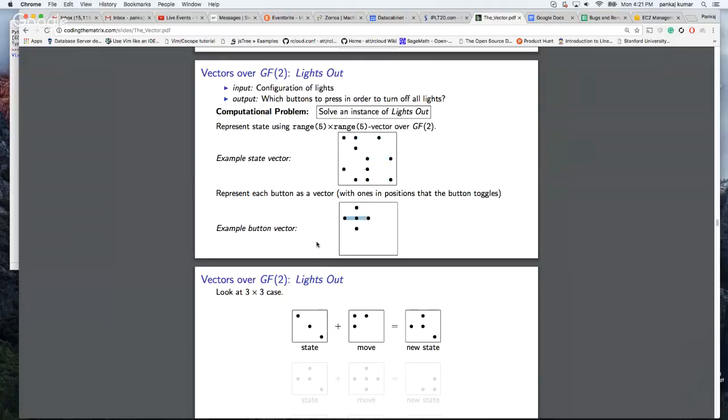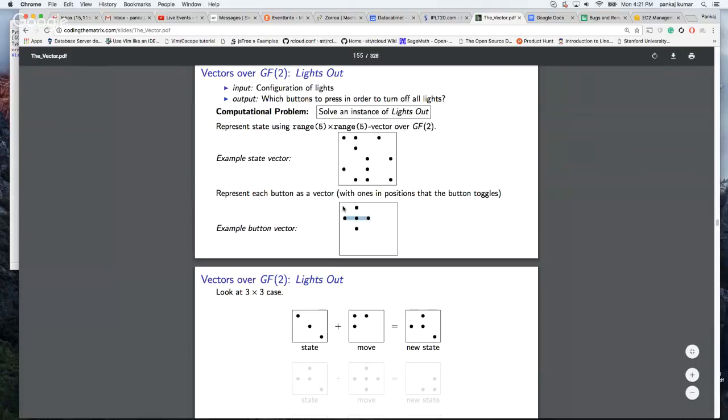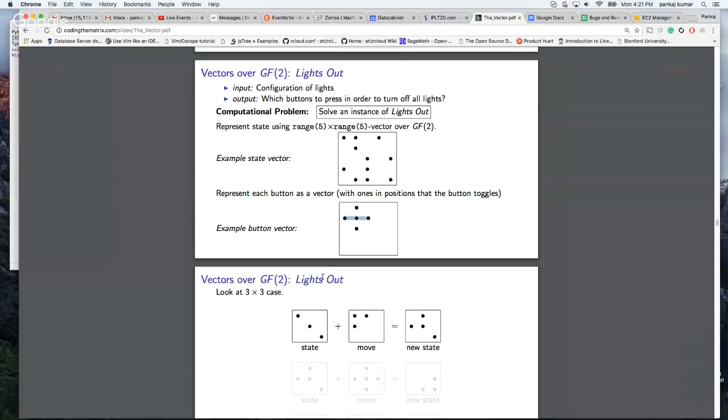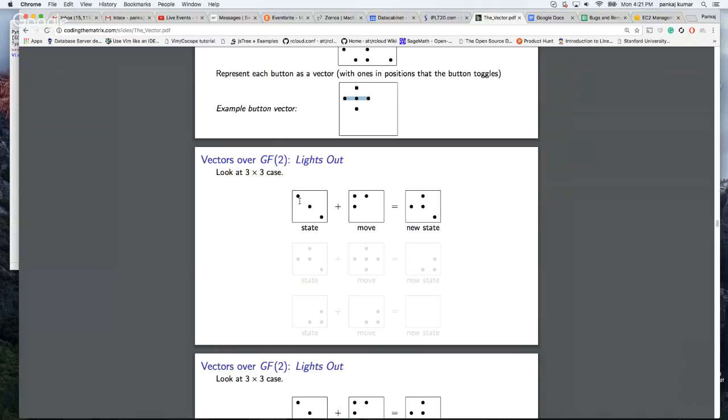And if you interpret it as a 2D vector in GF2, then the state changes can also be interpreted as just additions. So for example, from this state, if you press the top left corner, this will be the resulting state. And this can also be a GF2 addition.